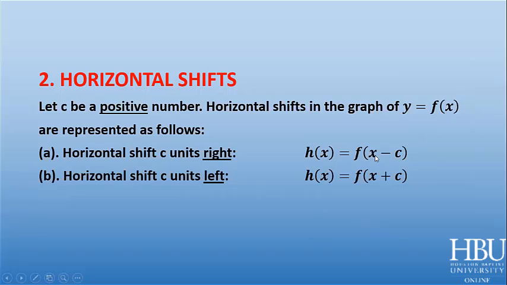Replacing x with x minus c actually shifts the graph c units to the right. If we wanted to shift the graph of f c units to the left, we would actually have to replace x with x plus c and define our new function h of x to be f of x plus c.